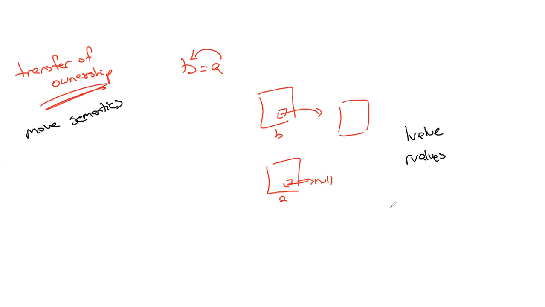So for example, we cannot write 7 equals A because 7 is an R value. So even though A might be an L value, and it can show up on either the left-hand side or right-hand side, on the left-hand side of an assignment, you must have an L value, and therefore we must write A equals 7 and not the other way around.